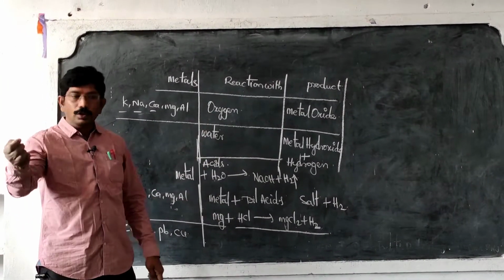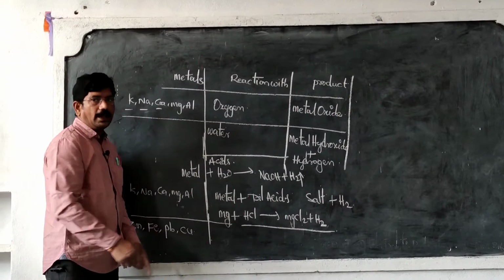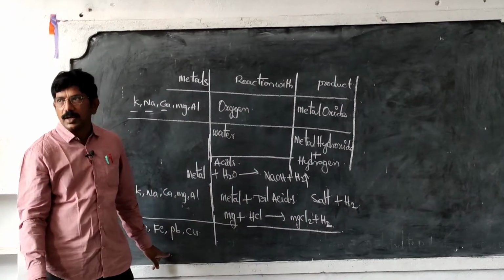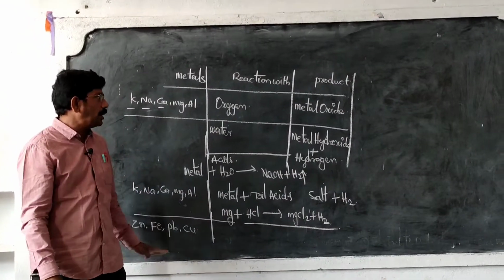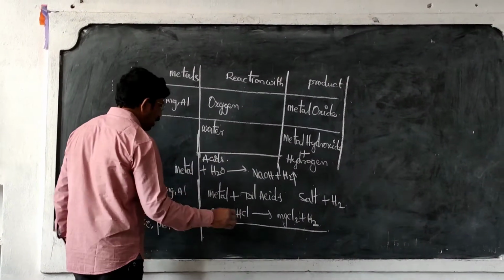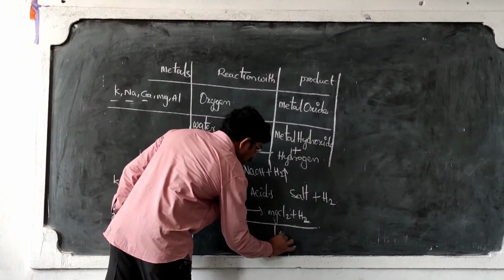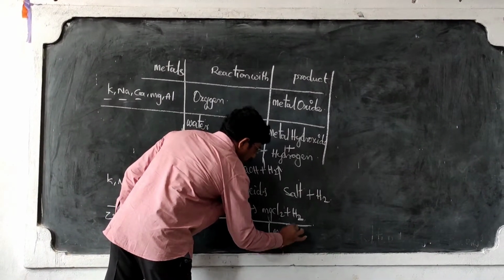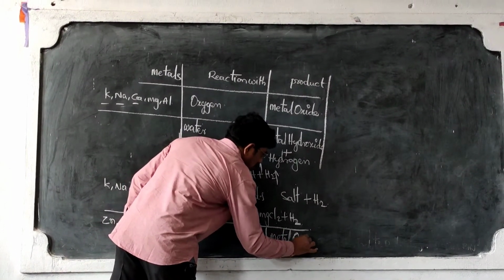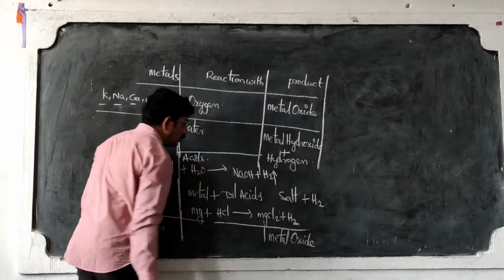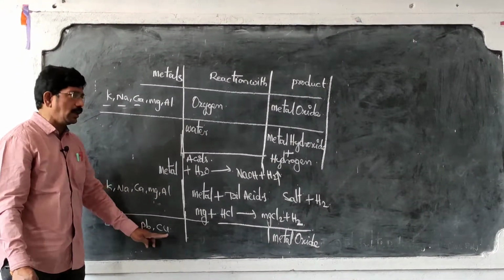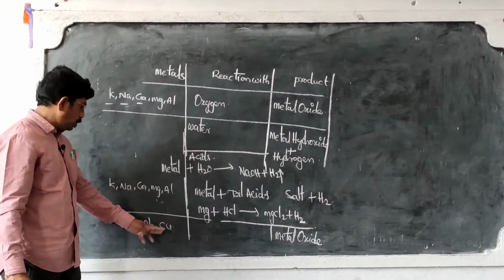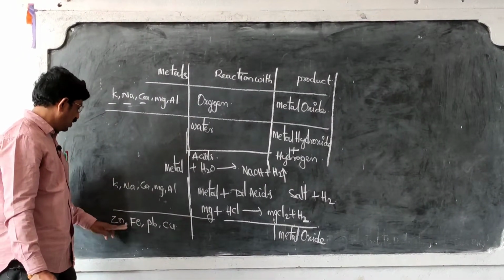So when you heat these metals, they react with oxygen and they give metal oxides. Are you clear? Zinc oxide, iron oxide, lead oxide, cuprous oxide: Cu2O, PbO, FeO, ZnO.